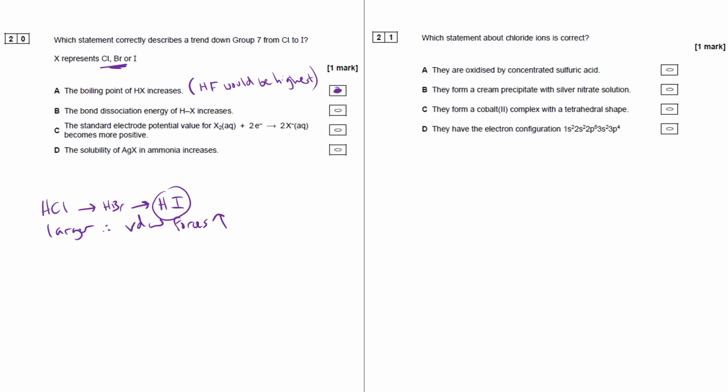As you go down the group, HCl to HBr to HI, bond length increases. Distance between the nuclei increases. That means it's much easier to break those bonds. The bond dissociation enthalpy would decrease down the group.